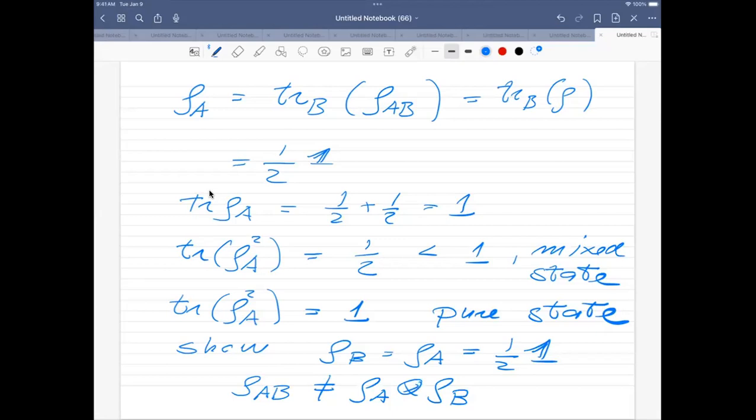That means that this subsystem represents a mixed state. So we don't have enough information to say with certainty that the probability for being in 0 or 1 is exactly 1. So we call this a mixed state.